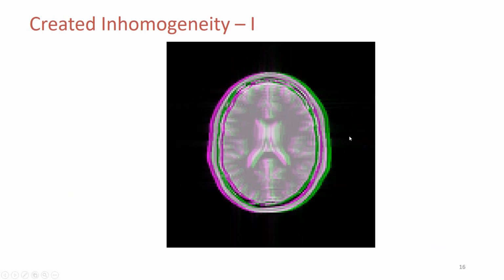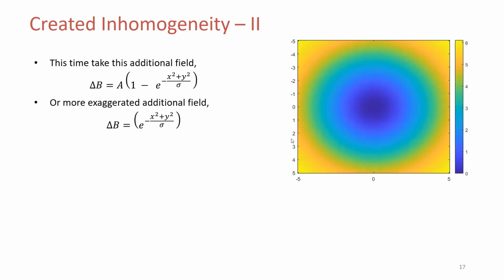I also use the brain model again to simulate the effect. Since the additional field is homogeneous everywhere, there is only translation in the readout direction, that is the x direction. Then I created another additional field. This time the additional field changes with respect to both x and y coordinates.